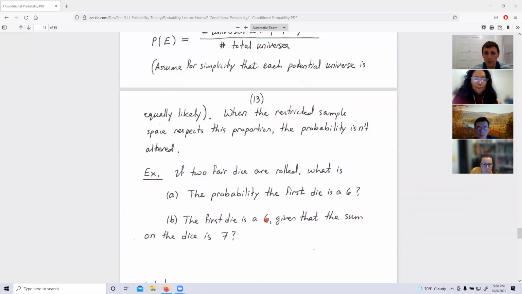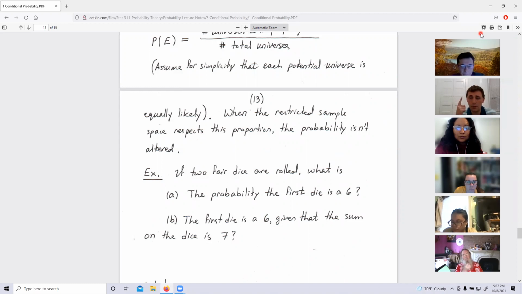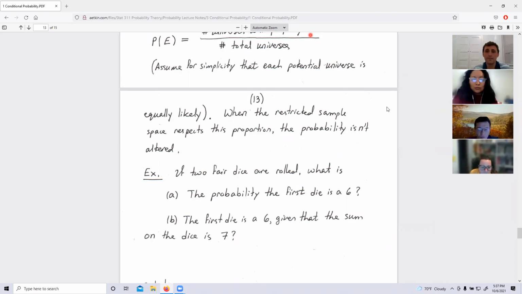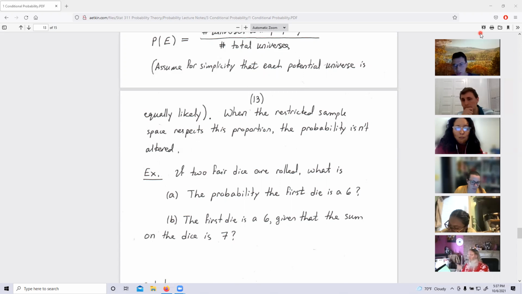So we roll two dice, and I want sum equal to 7 for B. And I want the probability that 6 occurs. So answer A and B, please write in the notes. Hopefully those are easy questions.